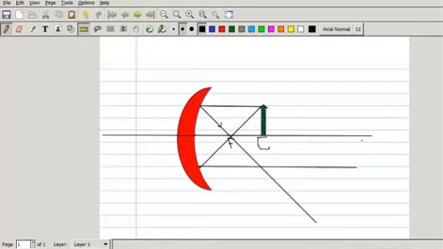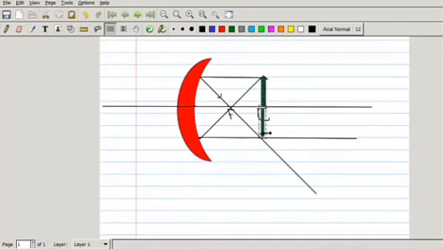Now where will we get the image? The two reflected rays meet at this point and here we will get an inverted image of the same size as that of the object.